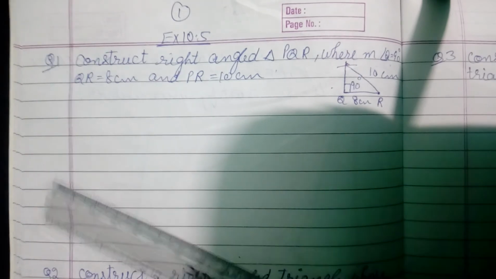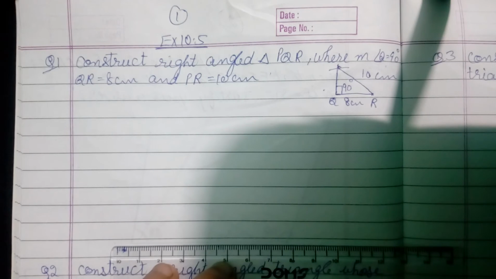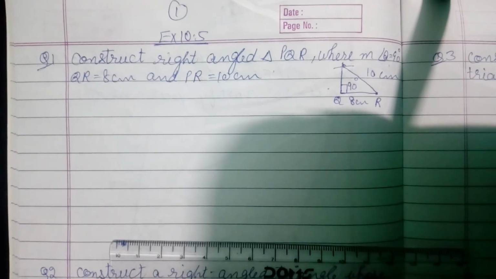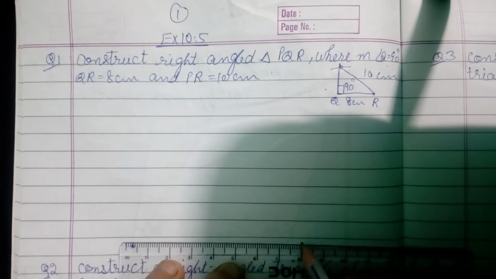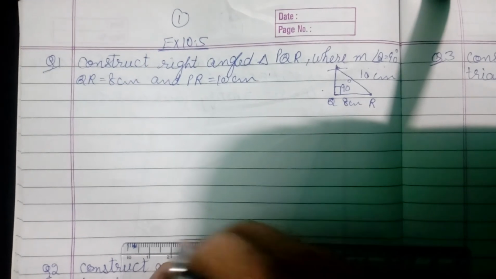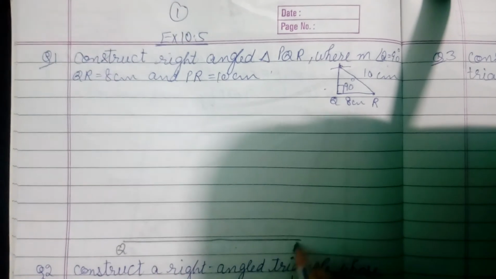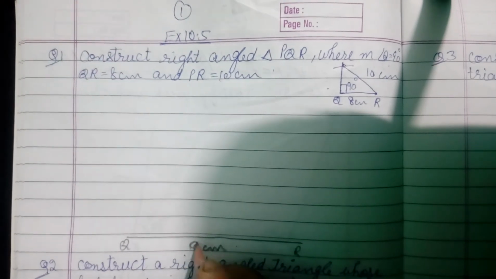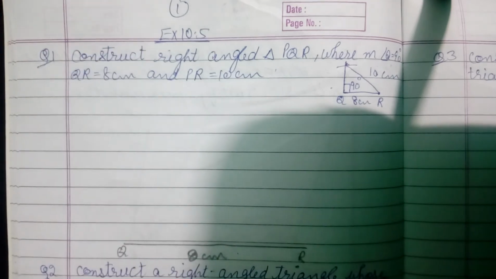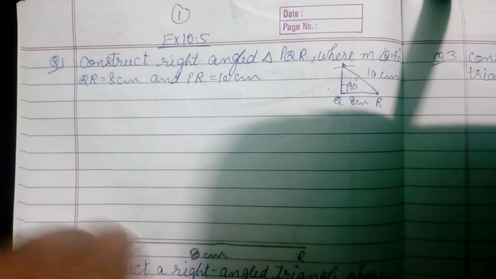Take a scale and first draw QR, that is 8 centimeter. Now name it QR, write the measurement also, 8 centimeter, and on Q we have to construct an angle of 90 degree.